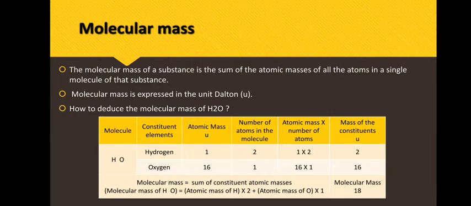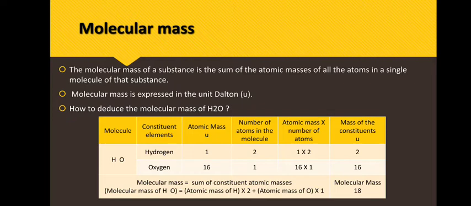Let us see the molecular mass of water. So in water, constituent elements are hydrogen and oxygen, right? Again here it should be H2O. So atomic mass of hydrogen is 1 and oxygen is 16. Number of atoms of hydrogen are 2 in water and 1 of oxygen.